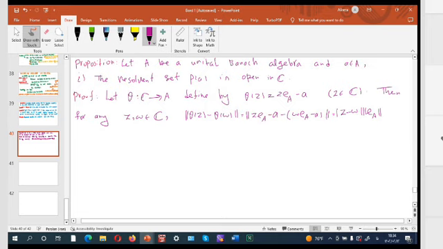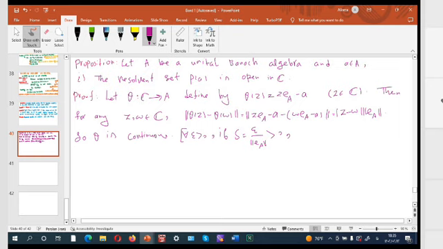So theta is continuous, okay, and also uniformly continuous. For any epsilon we have this delta. We consider delta equal to epsilon divided by the norm of e.